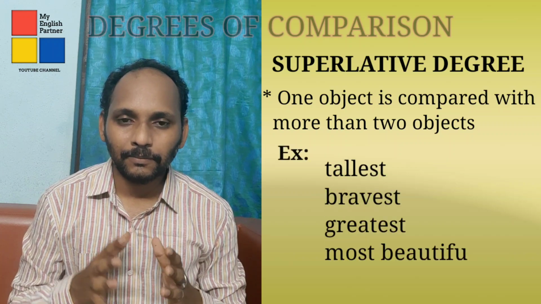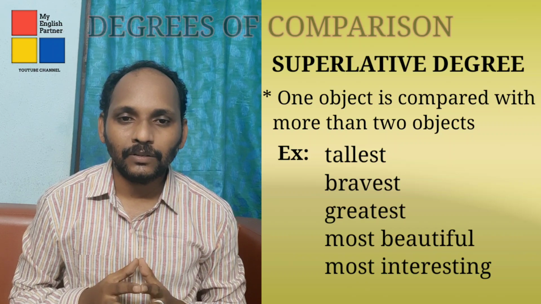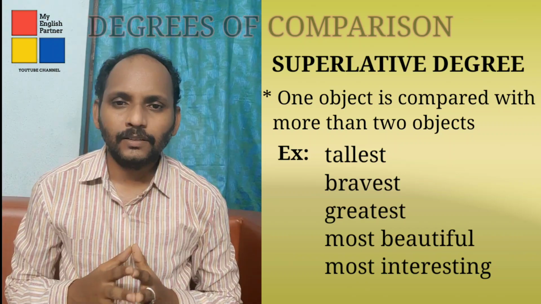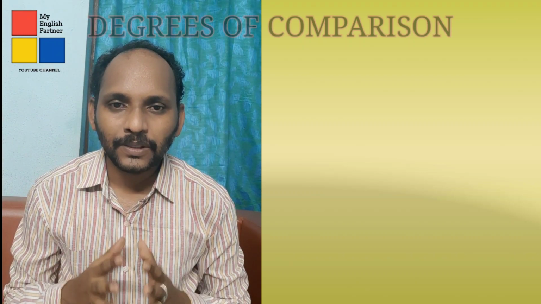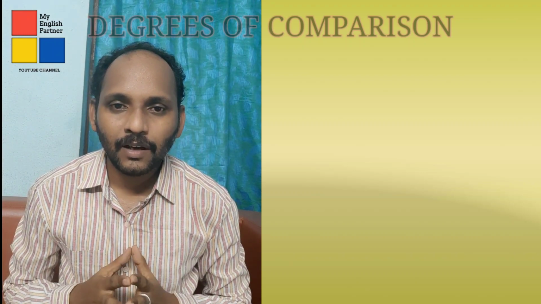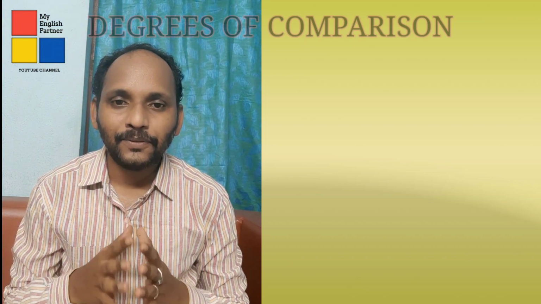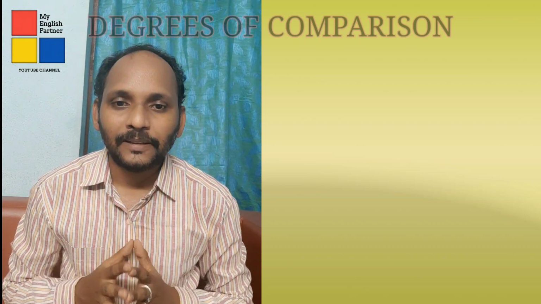Tallest, bravest, greatest, most beautiful, most interesting, and so on. When we observe, comparative degree and superlative degree of adjectives are formed by the addition of suffixes and prefixes to the base form, the positive degree.